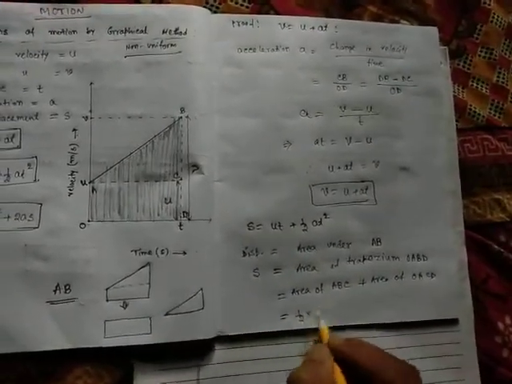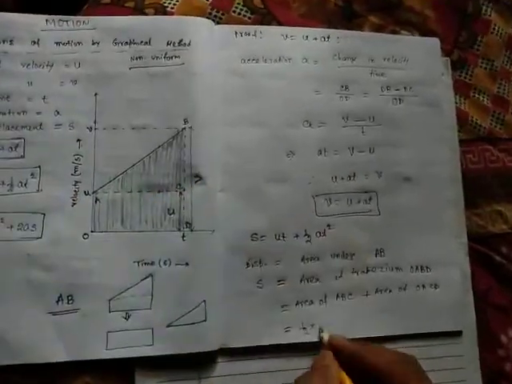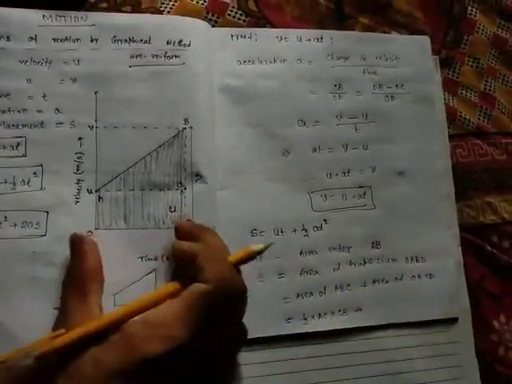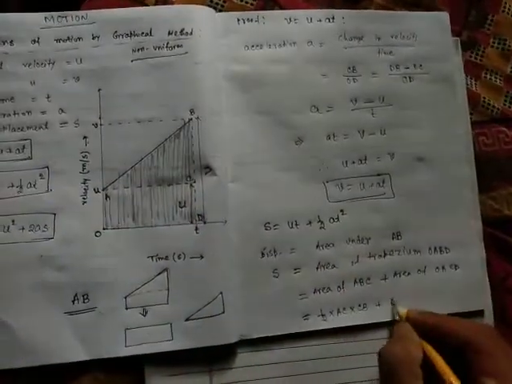What is the area of a right-angled triangle? Half into base into height, that means CB, plus the area of rectangle, length into breadth, length means OD, into breadth DC.